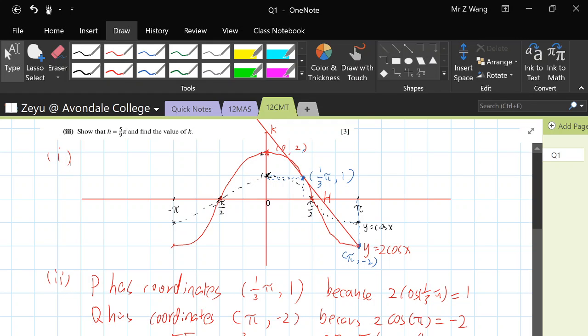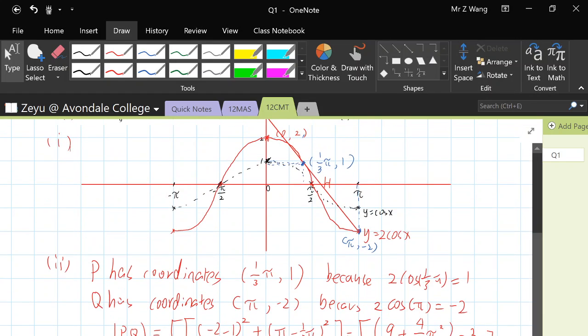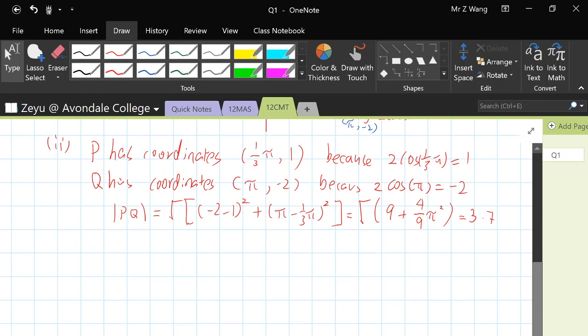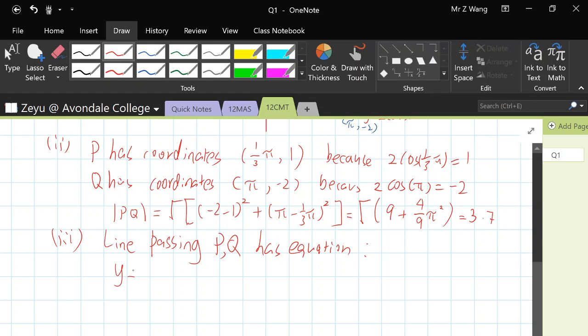So we have to find the equation of the line. It's easy to figure out the equation of the line because we have 2 points. So the line passing through P and Q has equation y minus 2 equals the gradient.